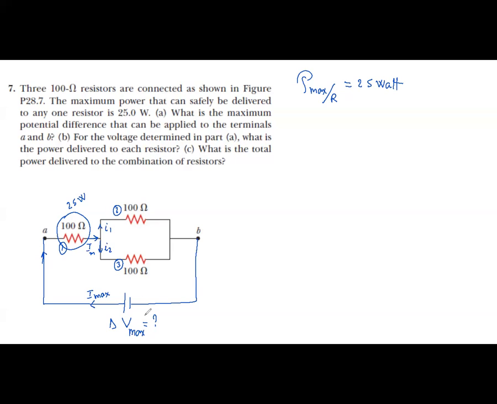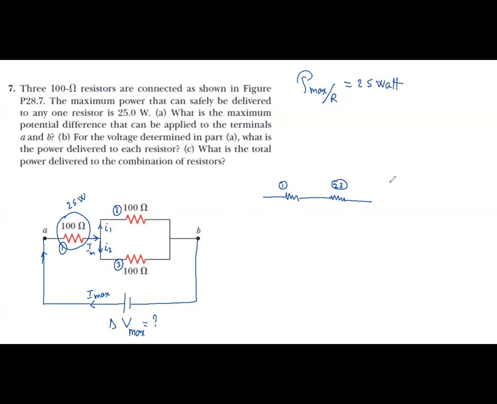To find delta V, let me first calculate the equivalent resistance of this circuit. Here we have R1, and we can calculate the equivalent of 2 and 3.